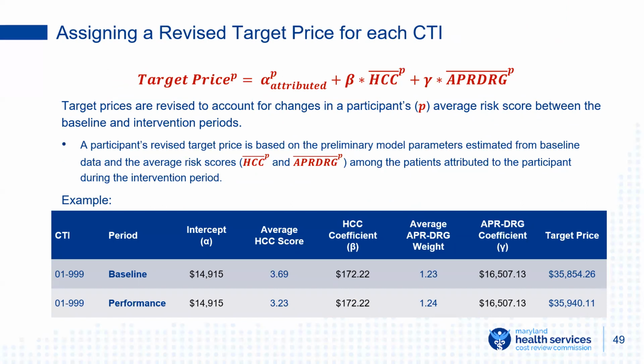This model is only used to estimate target prices for episode-based CTIs, such as care transitions. For panel-based CTIs, the model is simpler in that there are only two alpha parameters: one for beneficiaries who meet all of the other criteria but are not attributed to the provider's panel CTI, and then the alpha attributed is one fixed effect that captures those that are attributed to the specific CTI.